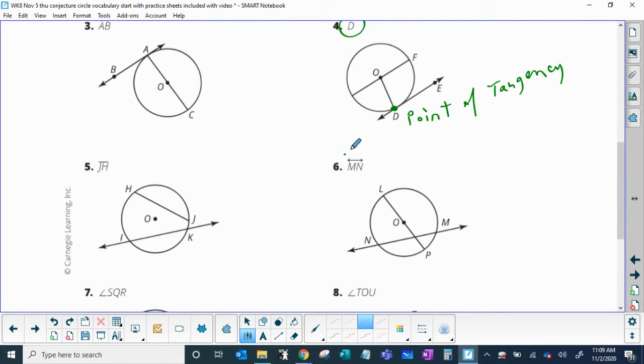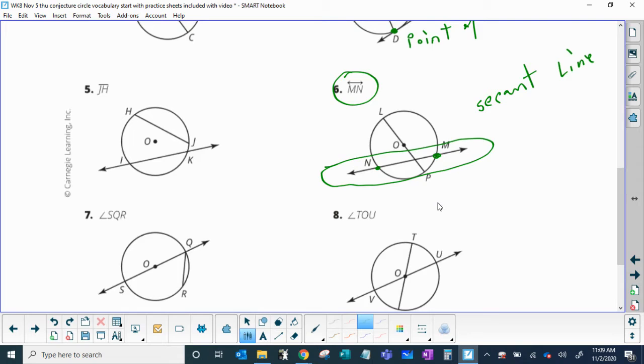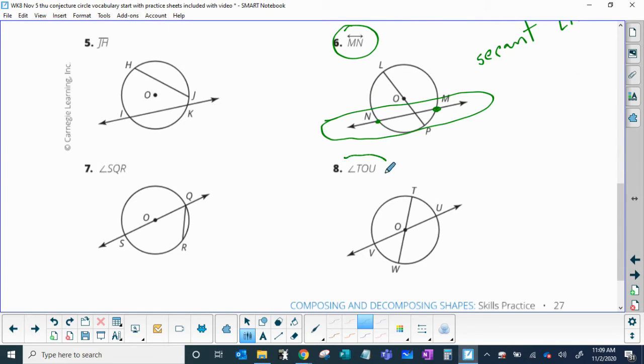Okay, next one. It's a line, MN. So when it's a line that intersects the circle twice, that's called a secant line. All right, next one, angle TOU.